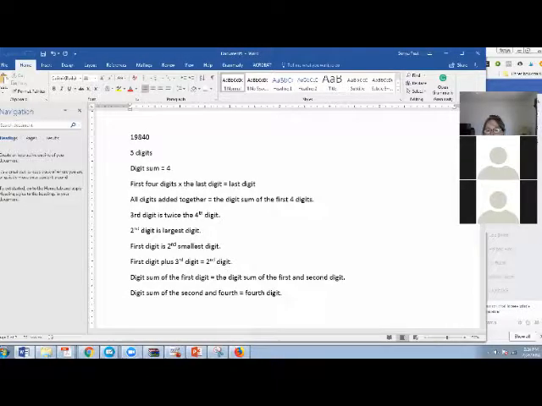So you could do the same thing if you add the second and third. The digit sum of the third number is equal to the digit sum of the second and the third. And the digit sum of the second and the first is the first digit.